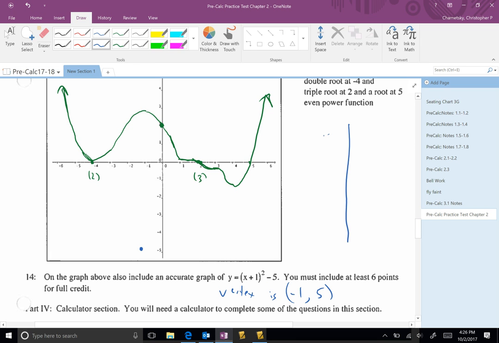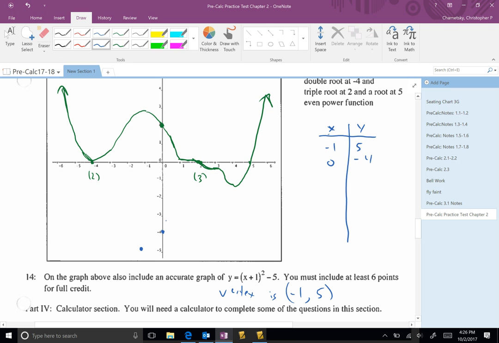We could also set up a table here, and we're already given (-1, -5). Let's try plugging in 0. We'll get 1 squared minus 5, so we'll have -4. So I'll plot that.